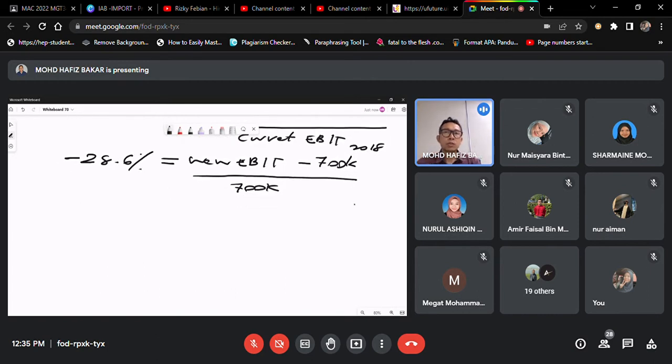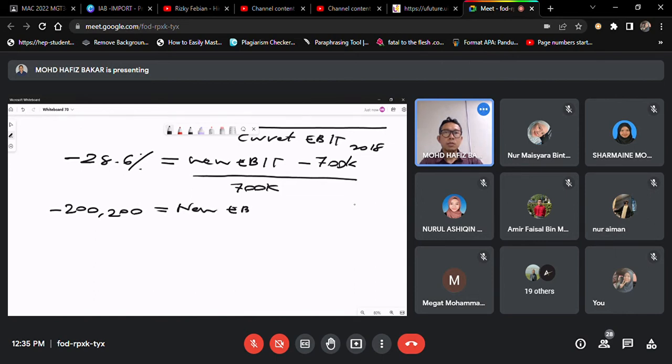Okay, so kita solve lah dia punya formula. Yang ni naik atas dia akan jadi darab. So 0.286 times 700,000 equivalent to negative 200,200.